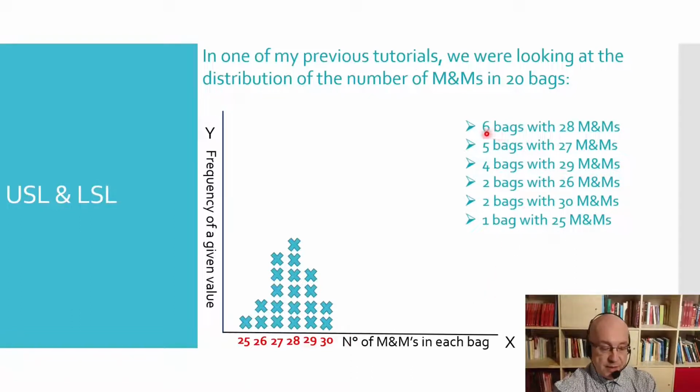So there are six bags with a number of 28 M&Ms, which are represented by these six vertical crosses in correspondence of the value of 28, then 5 bags with 27 M&Ms, which is represented by these 5 vertical crosses in correspondence of the value 27, and so on.